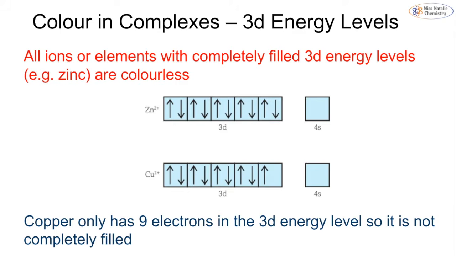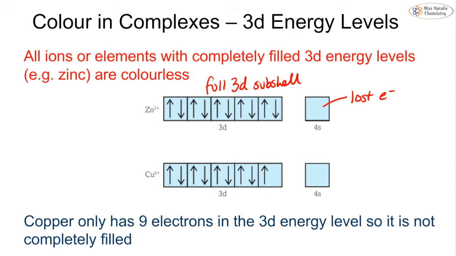So when we look at zinc, what we see when it becomes zinc 2+, we have lost the electrons from the 4s, because remember when transition metals make ions, they lose electrons from the 4s first, and we have a full 3D subshell. So this zinc has 10 electrons in its 3D subshell, completely filled.